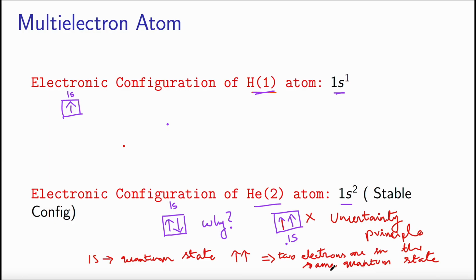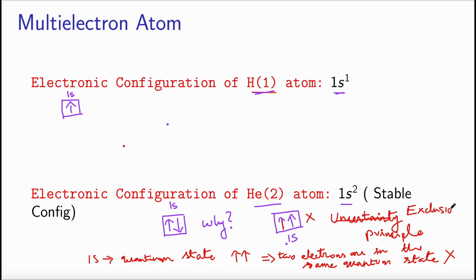And that is not allowed by the exclusion principle. Pauli's exclusion principle, not uncertainty principle. This is not allowed by Pauli's exclusion principle.